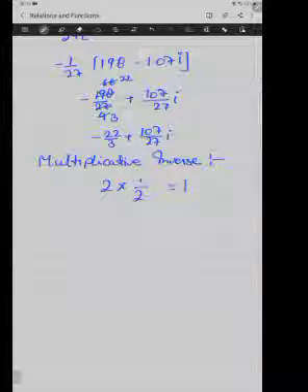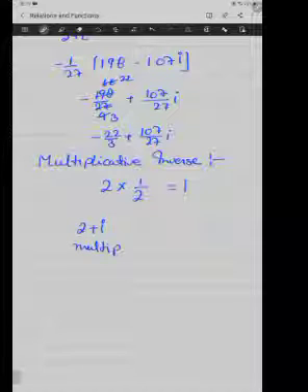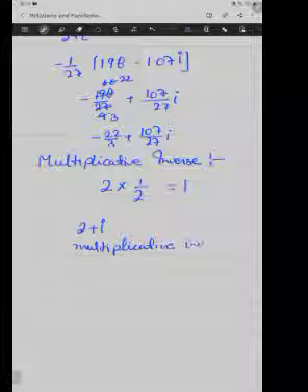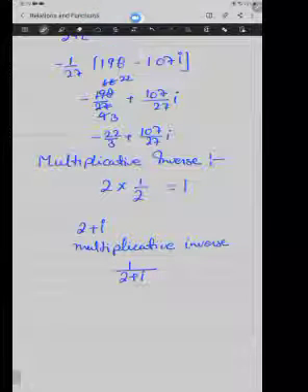And now for a complex number, a question is given: 2 plus i. Its multiplicative inverse will be 1 upon 2 plus i.